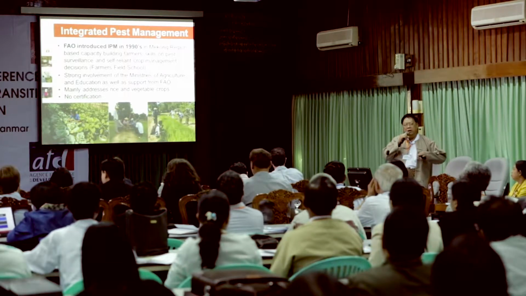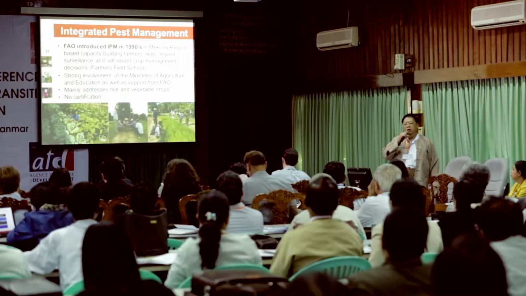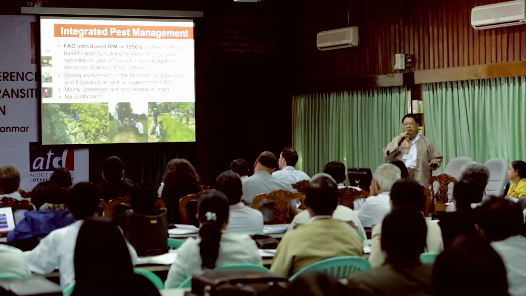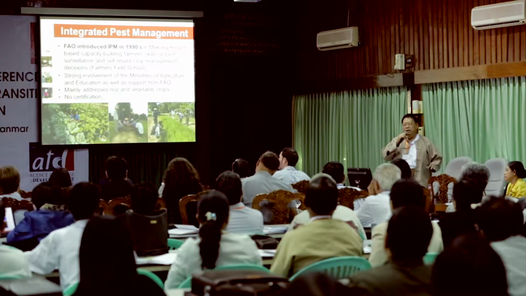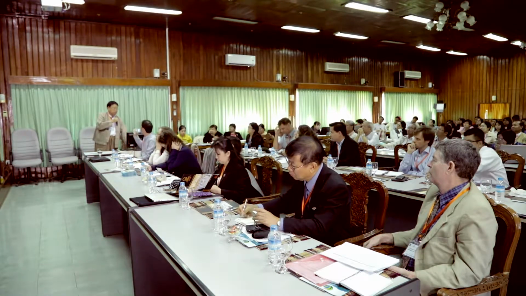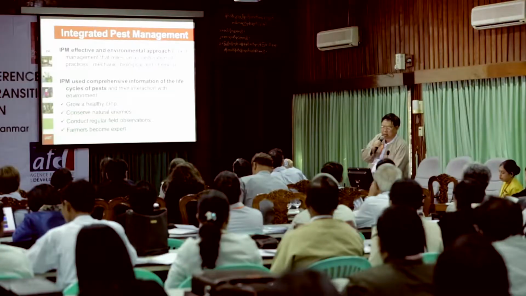Another constraint for wider scaling up, and for the value to be appreciated by growers, is the difficulty in developing certification, because up till now no standards can be created for integrated pest management.